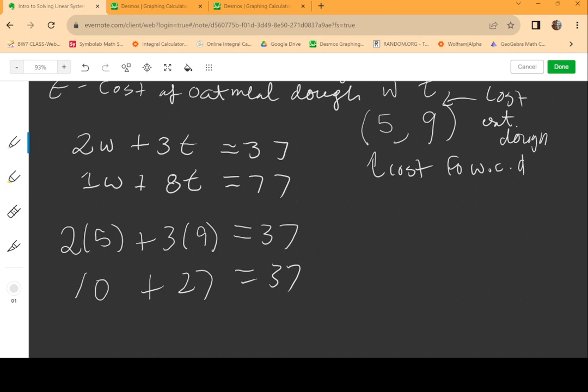So here we have 37 equals 37. So that checks off. That is correct.